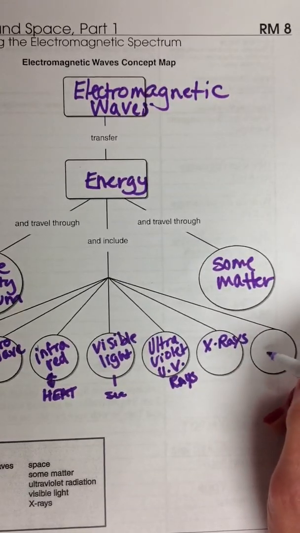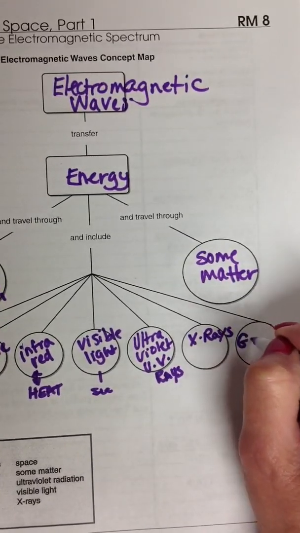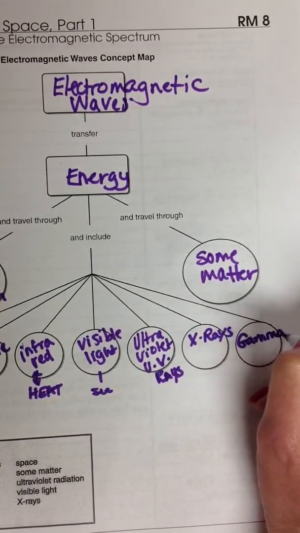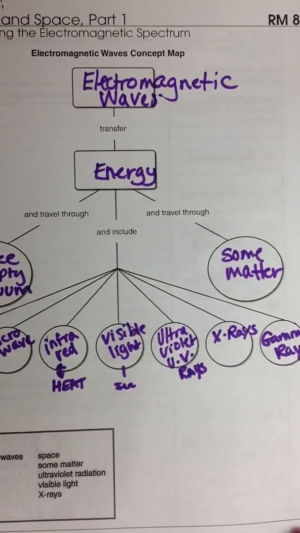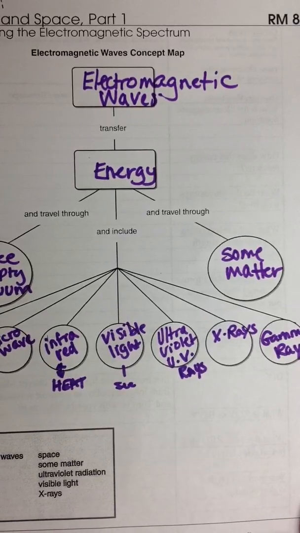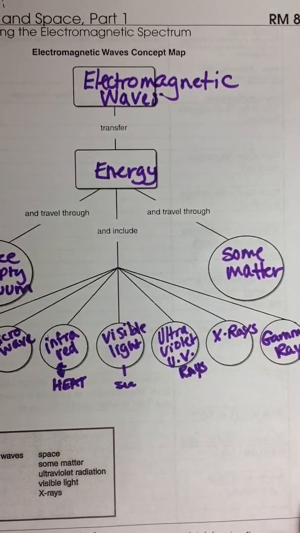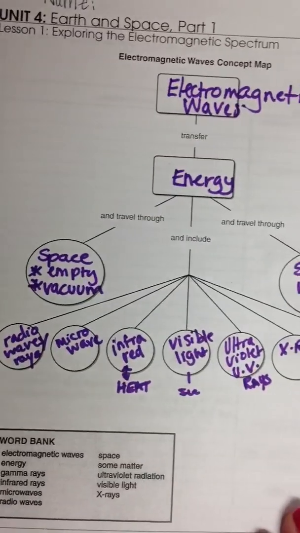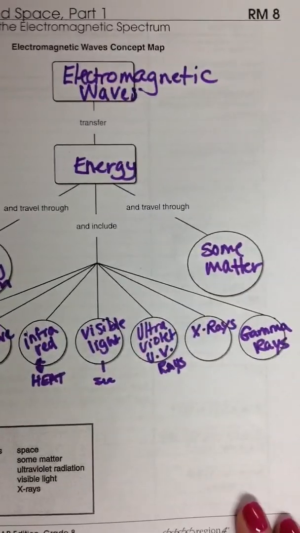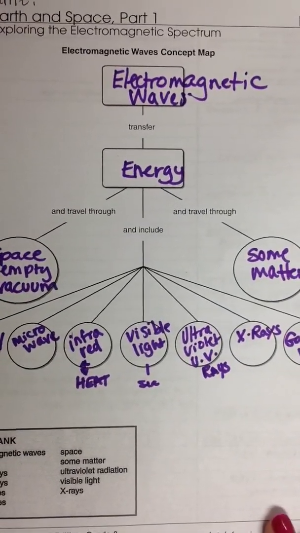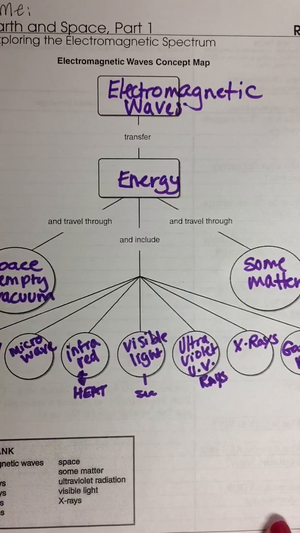And last but not least, the highest form of energy is gamma rays. So if you thought the sun only emitted heat and light energy, well, think again. Now you know there are various forms of energy in the electromagnetic spectrum, and all of these are energy that comes from stars.